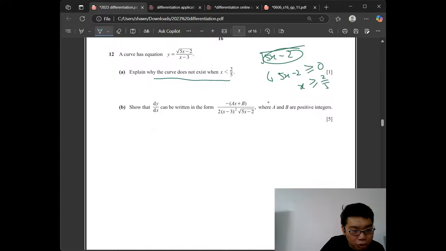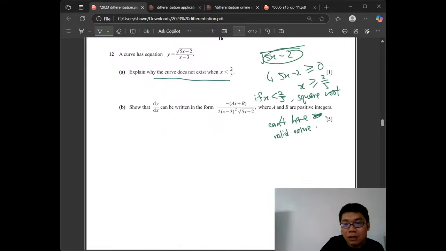Then you can say, if x is less than 2 over 5, the square root cannot have a valid value. Something like this. You need to explain based on the numerator, okay?